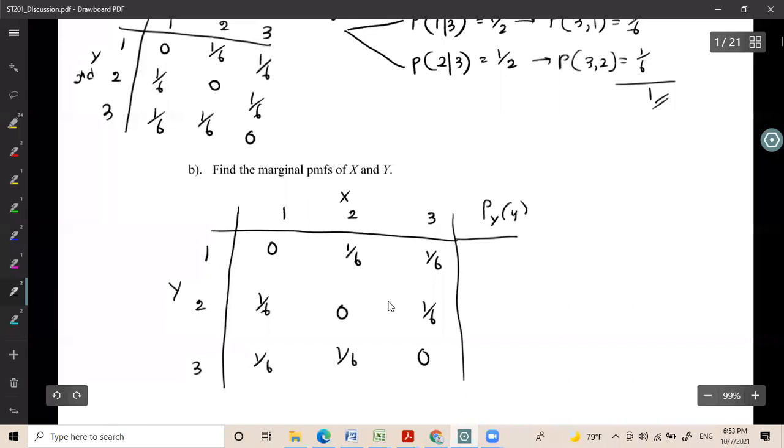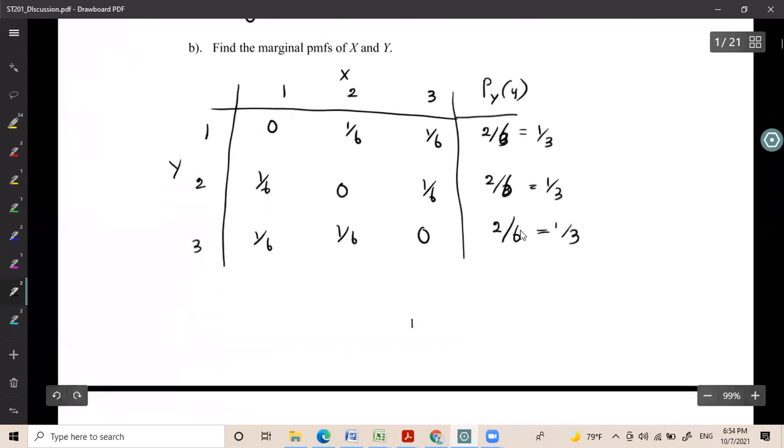This is the Y. When Y is 1, you have 2/6, you add 1/6 plus 1/6. And when Y is 2, again, 1/6 plus 1/6. And again, this one is 2/6, 2/6, 2/6, which will be 1/3, 1/3, and 1/3. So altogether, you have the total probability 1.